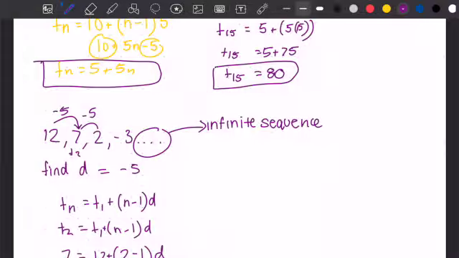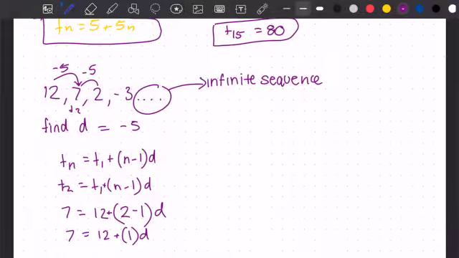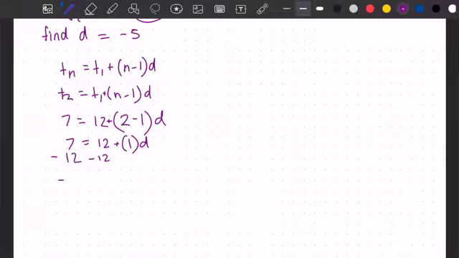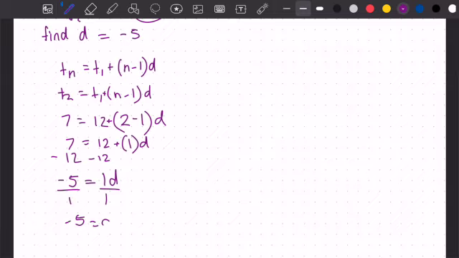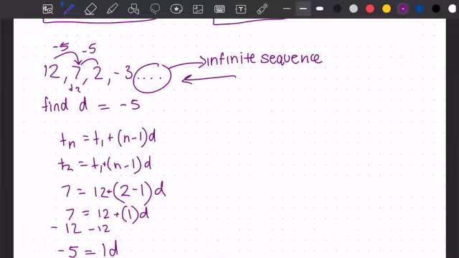Then I can subtract 12 from both sides, and that's going to be -5 equals 1D. Divide by 1: -5 equals D. So I can solve from calculation or just by counting.